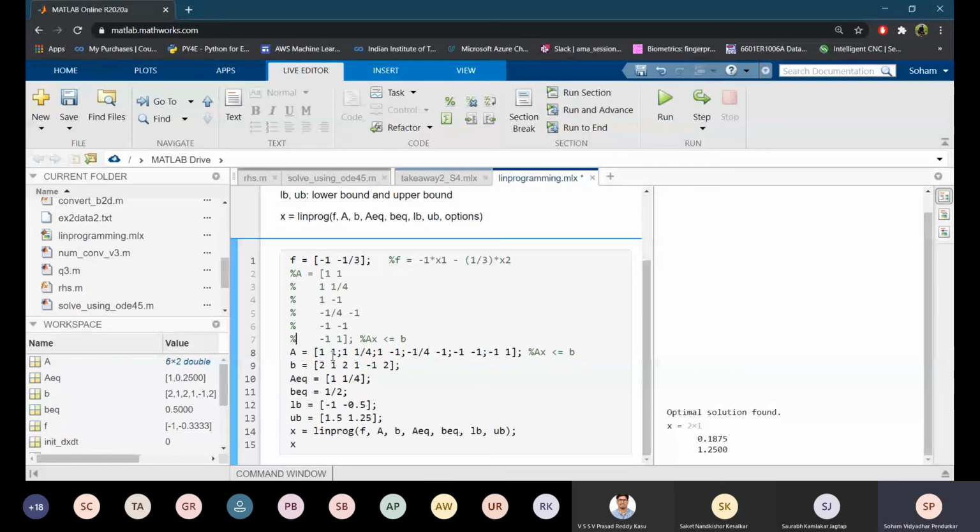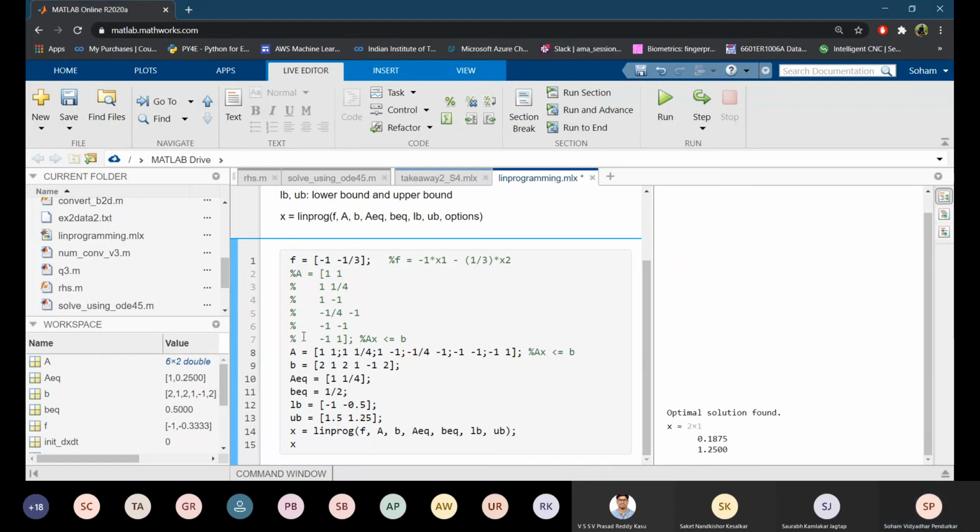I'm very sorry, I was not familiar with this syntax. Writing on a new line creates another row. So you might as well learn this right now: 1 1, enter, 1 1/4, enter, 1 -1 are creating different rows. I was under the impression that we can only do this syntax.